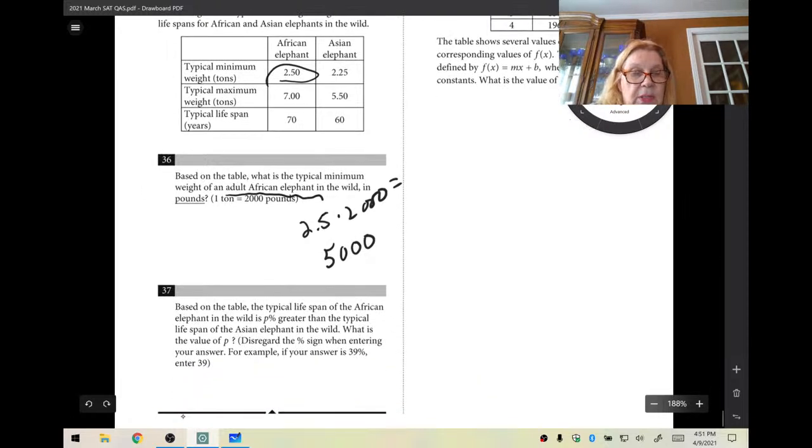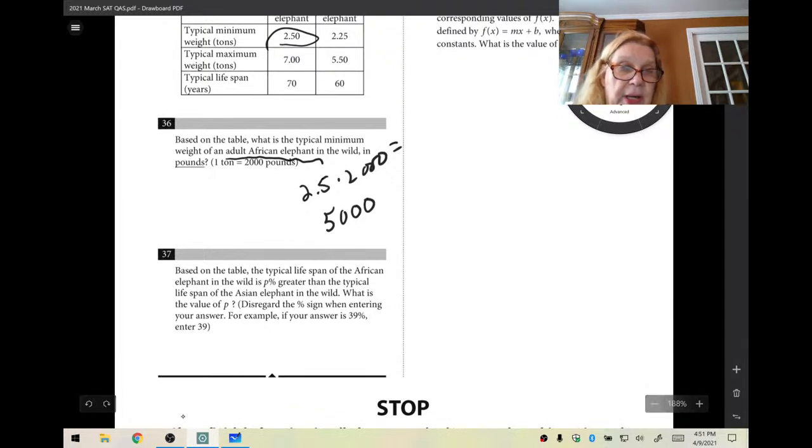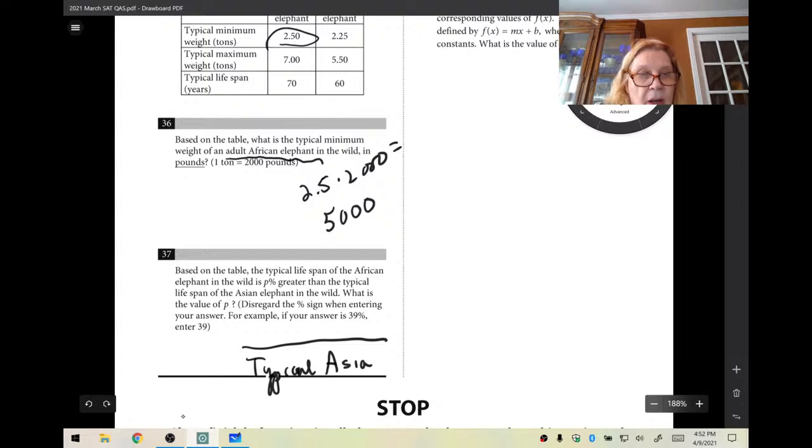Now this one, when they do these in part 2, they're a little trickier. Based on the table, the typical lifespan of the African elephant in the wild is P% greater than the typical Asian, so we need the typical Asian on the bottom. That's our reference. And we want the amount of the increase or decrease over here.